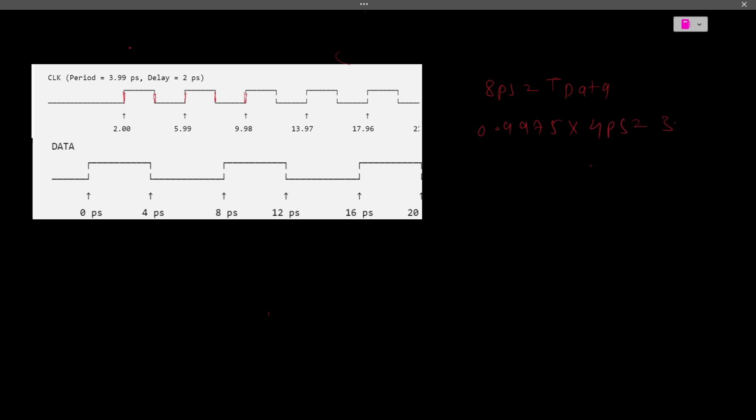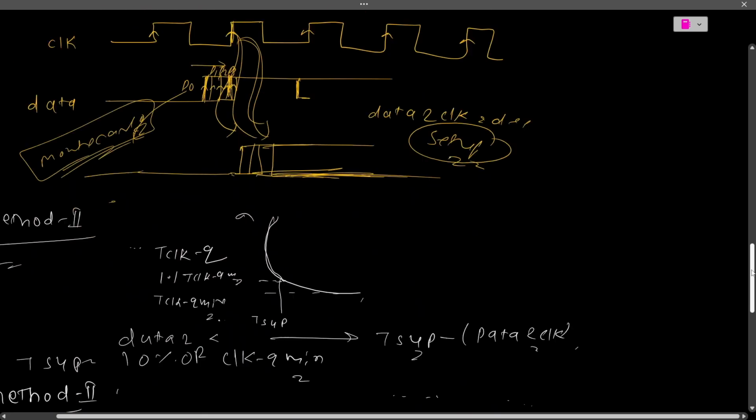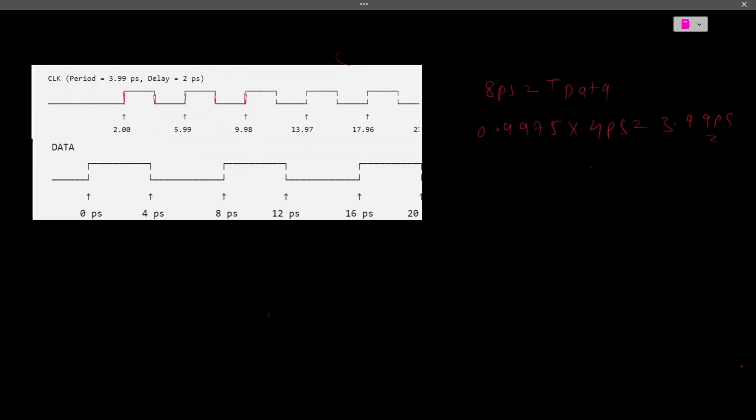So this is giving me 3.99 picosecond. What this will do, you will see here. Here I have also given the delay. This delay is 2 picosecond. Now if you see, our data to clock is 2 picosecond here.